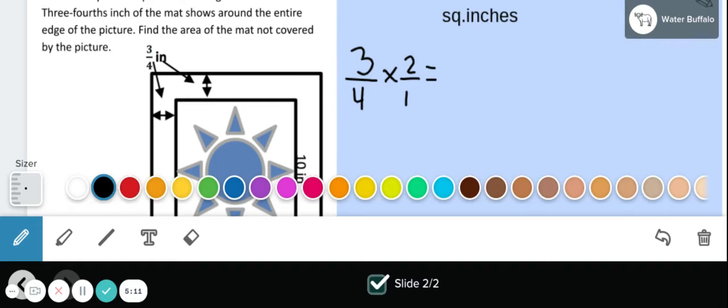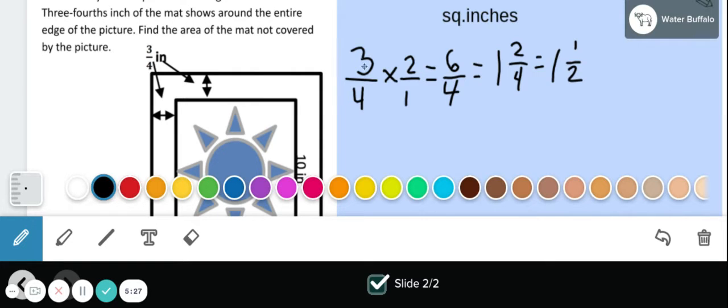And once we multiply that, we get 6/4, which gives us 1 2/4, which is 1 1/2.